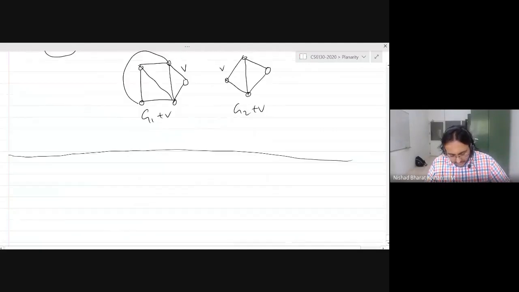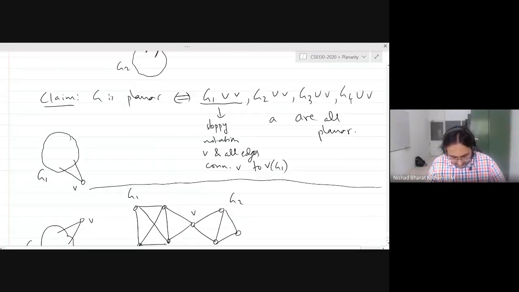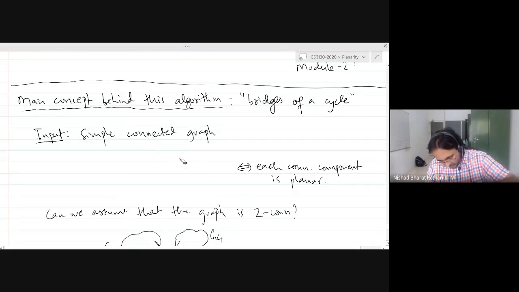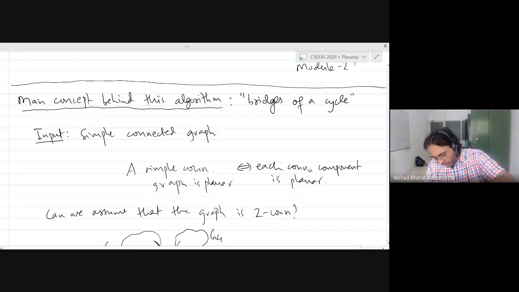So we are actually going to assume that our graphs are two connected. A simple connected graph is planar if and only if each block, remember blocks?